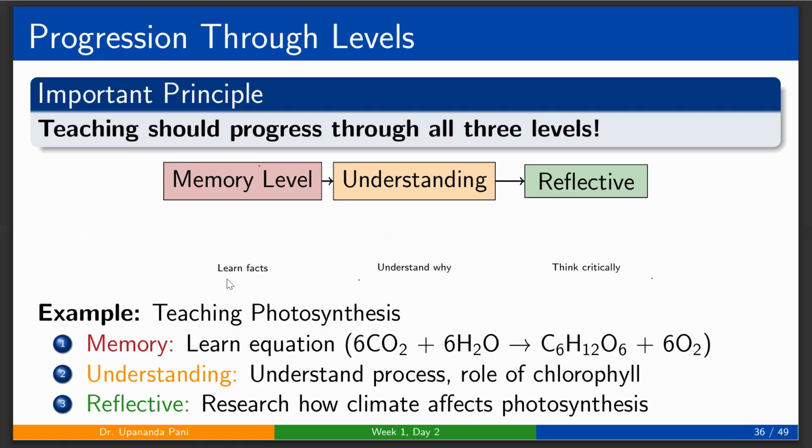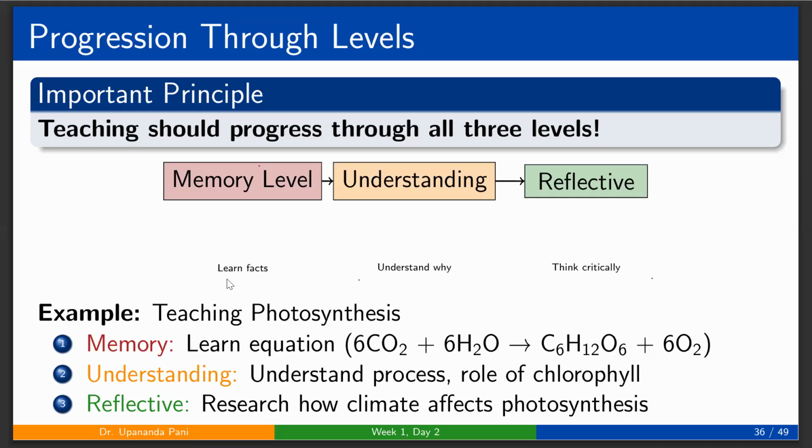Some will be very good, some will be average, and some will not be responding. But we have to make them understand. We have to take them along with this progression through the levels. You cannot simply say, okay, the students are not good, so I'll only teach at memory level.